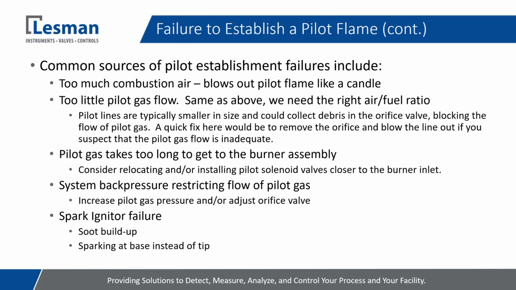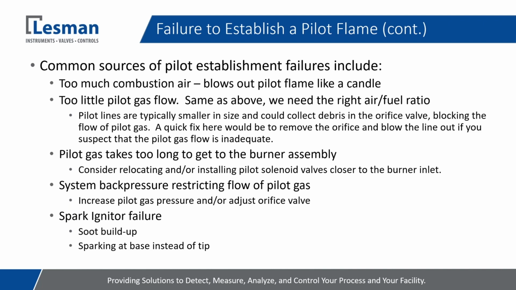If you've got the version of the flame safeguard that's verifying your light off position, you should be okay, but some burners are constant air variable fuel. Other applications have changes in chamber pressure that could affect the amount of airflow going through the burner. But essentially, if you've got too much combustion air or pilot air going through the system, it's like blowing out a candle. You're never able to keep it on.